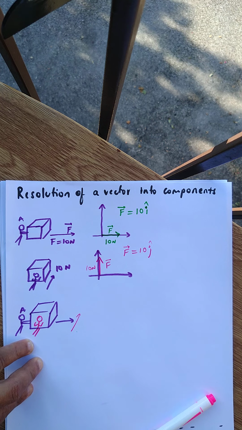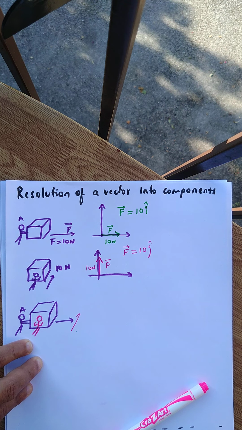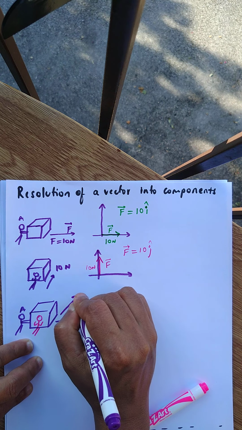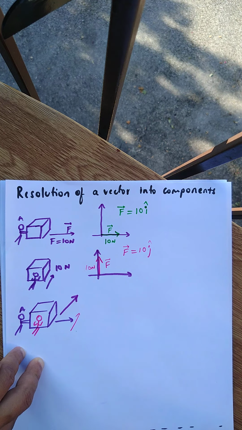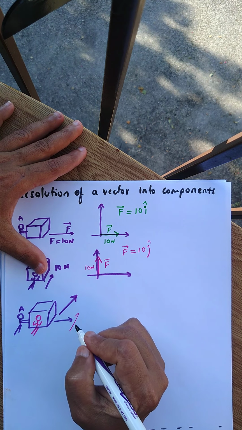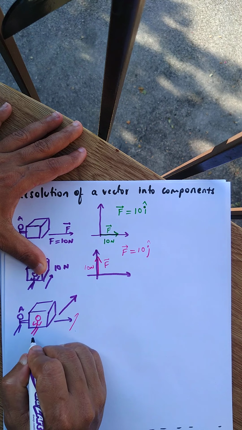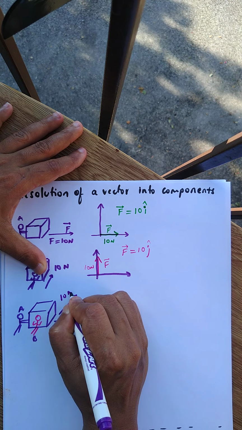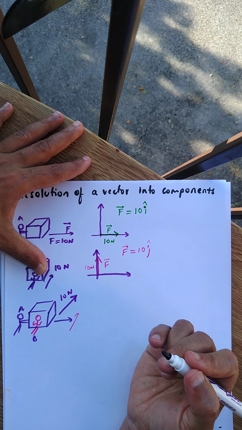Well, more than representing these two forces, what if I say the box moves in a direction which is a result of two pushes from person A as well as person B. Now I will say this is 10 Newton.